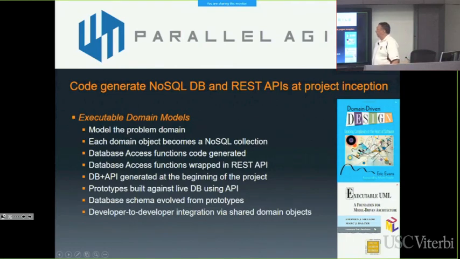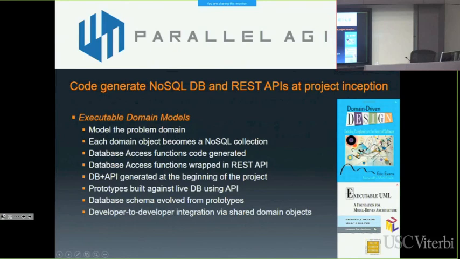Okay. And executable domain models basically takes the ideas that are in a pretty well-respected book called Domain-Driven Design. It talks about how to find the sort of simple problem space model underneath all your code.